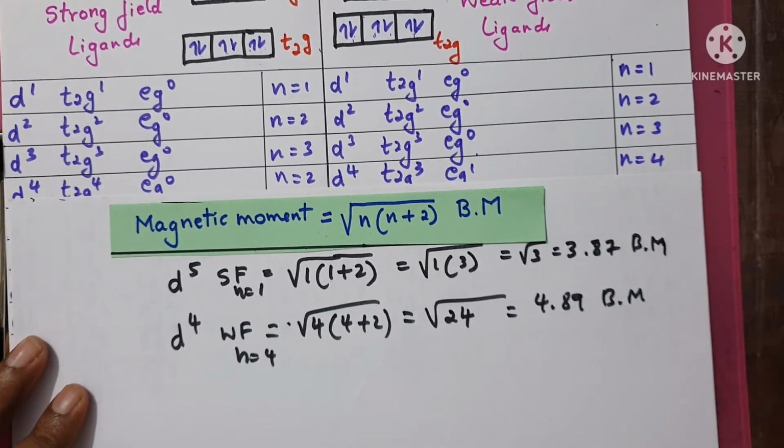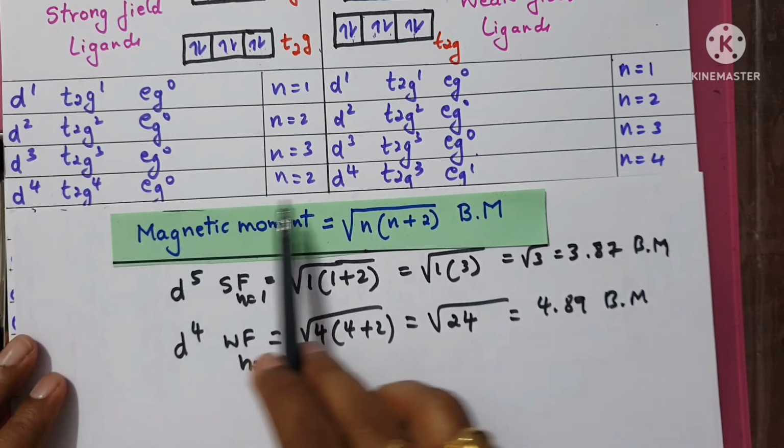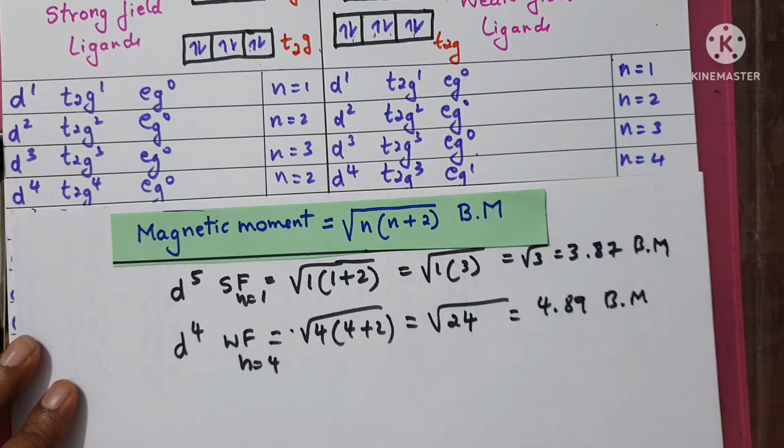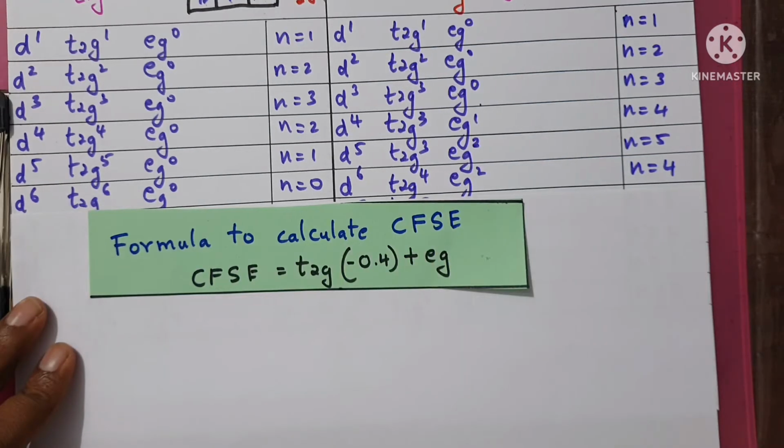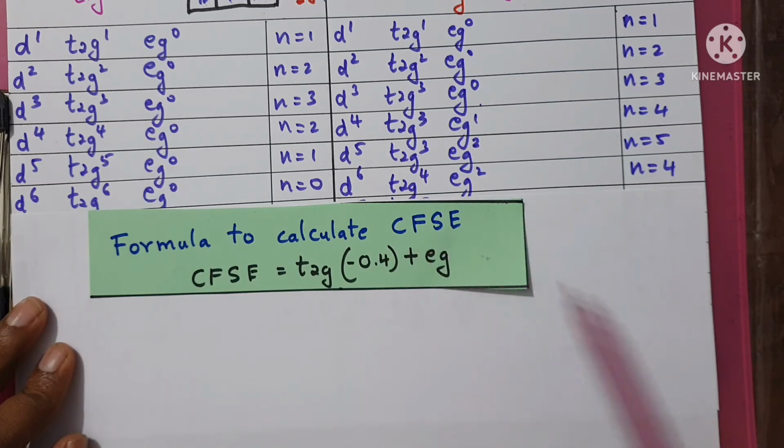Hope children you have understood how to calculate the magnetic moment by using the electronic configuration of CFT. Now let us go for the next one. Now the concept number 3 is to calculate CFSE, crystal field splitting energy.